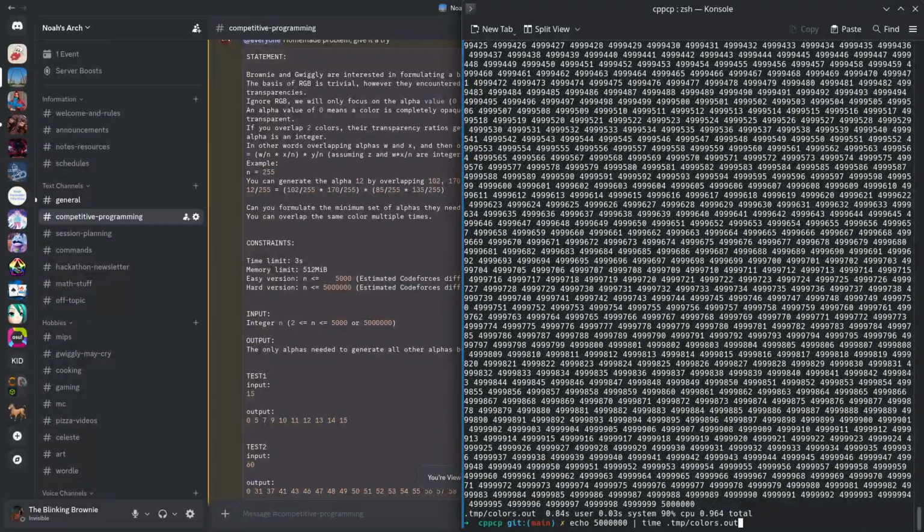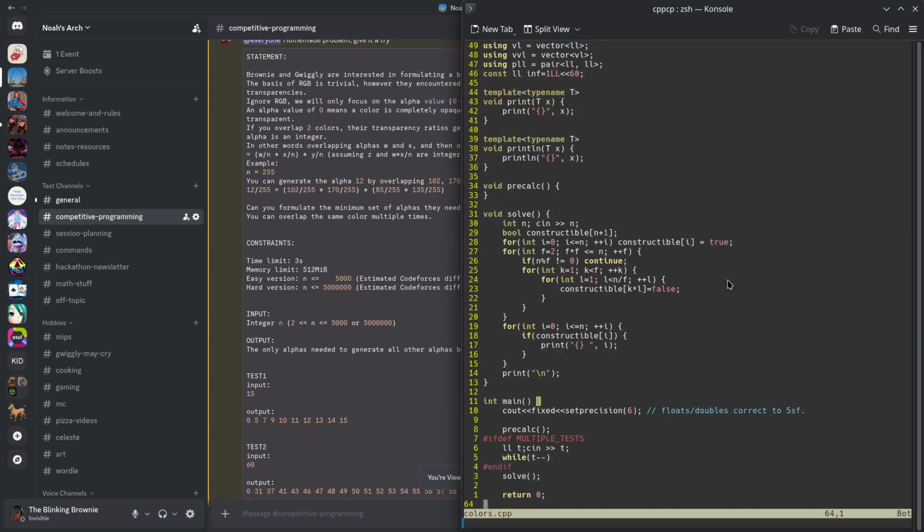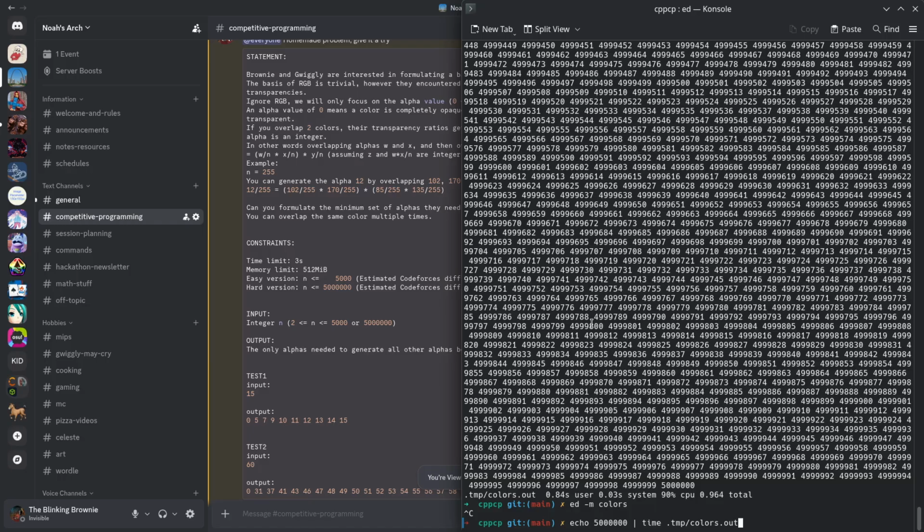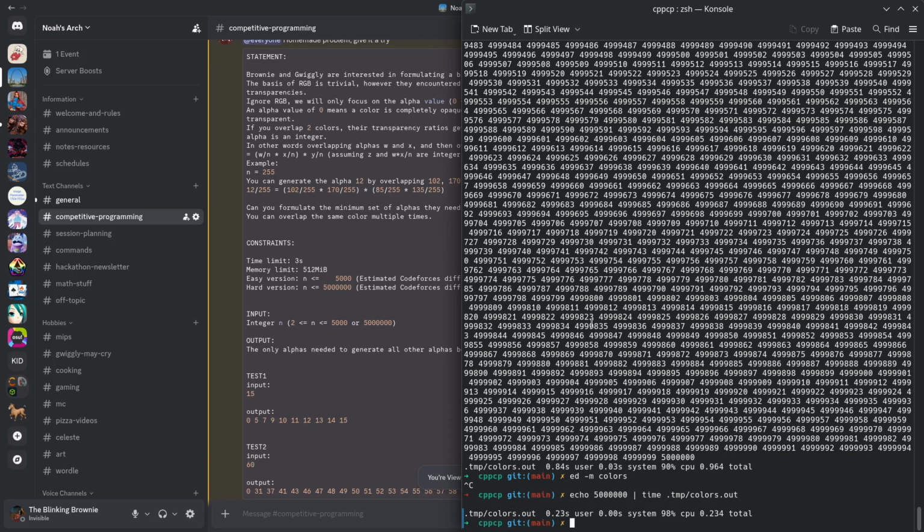In fact, most of the time is actually the output. So if I remove that, now it's 0.2 seconds.